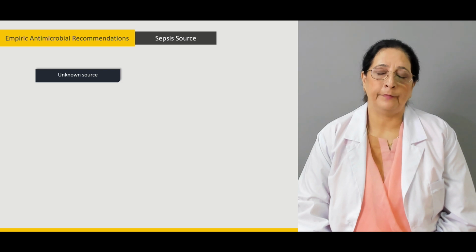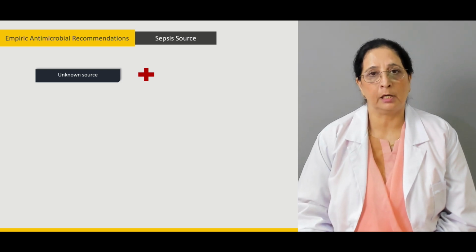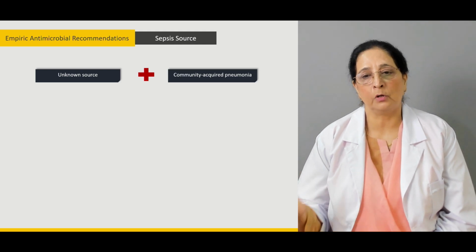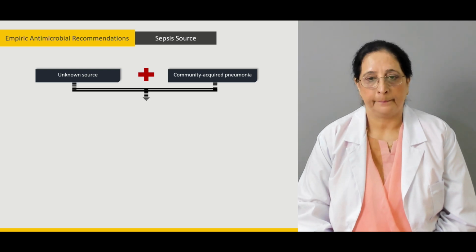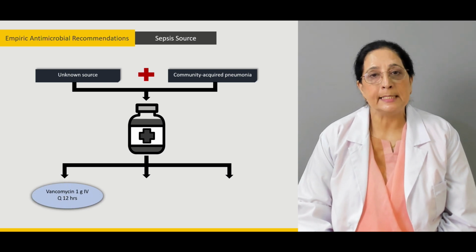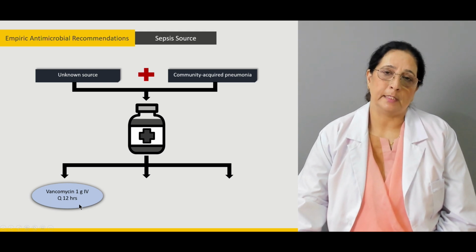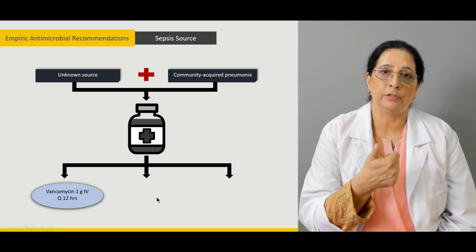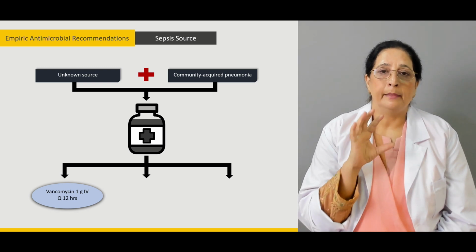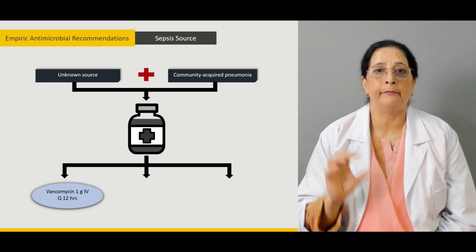If the source of infection is unknown, we don't know where the infection comes from, or it is community acquired pneumonia, we should give a drug like vancomycin, 1 gram intravenously every 12 hours.